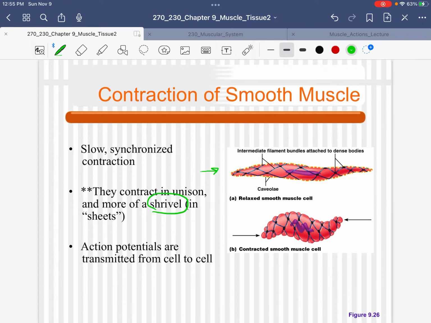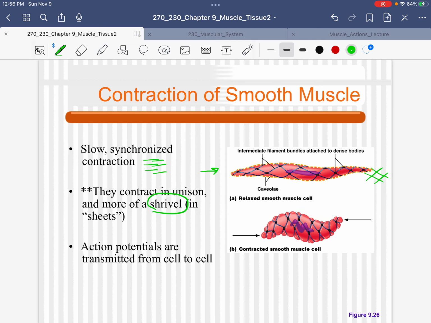So this is a relaxed smooth muscle. It's kind of cool because the actin and myosin, or the myofilaments, instead of being arranged like this in skeletal and cardiac muscle, form kind of a lattice in smooth muscle. They're structured differently, which means they contract differently.